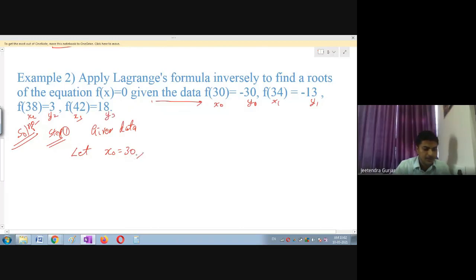So therefore x naught is 30, x1 is equal to 34, x2 is equal to 38, and x3 is equal to 42. Okay, then here they have given y naught is equal to minus 30. This data is very, very important, students, so don't make mistakes while writing.